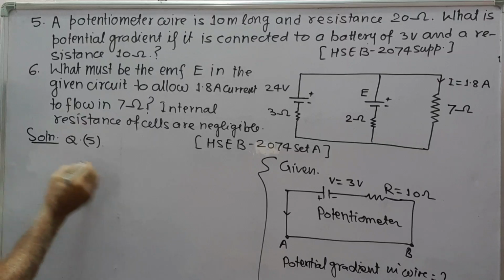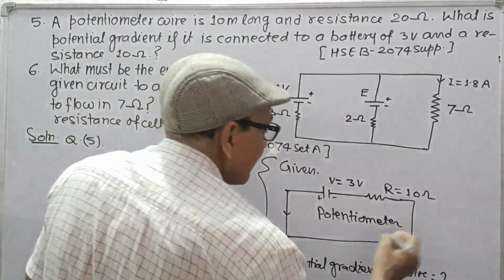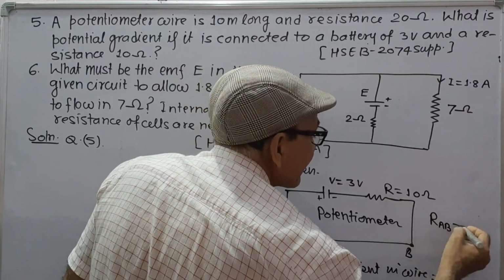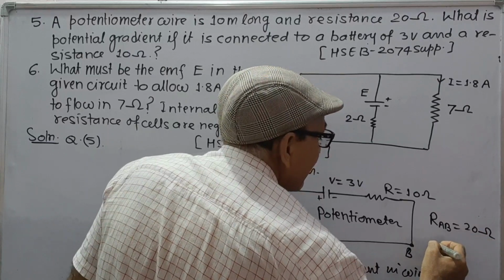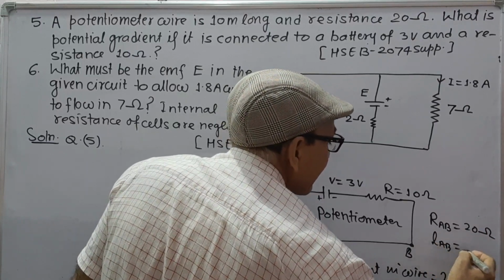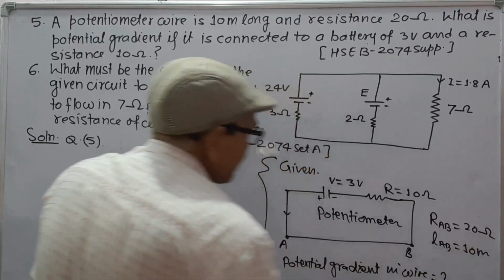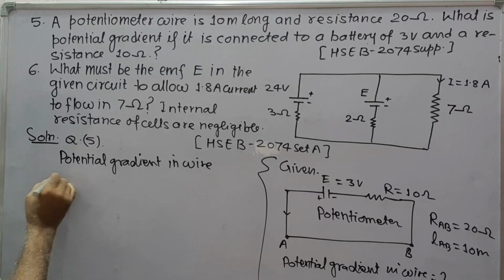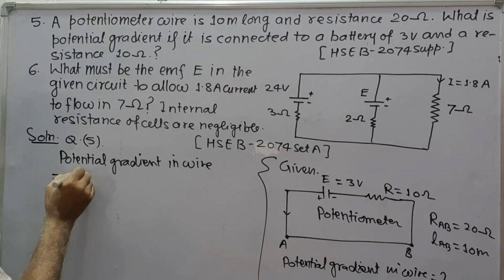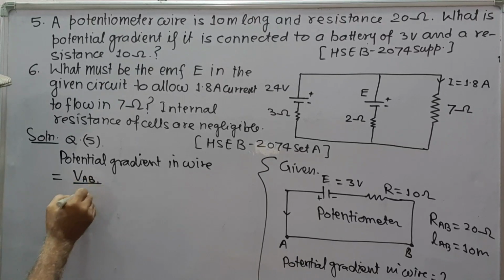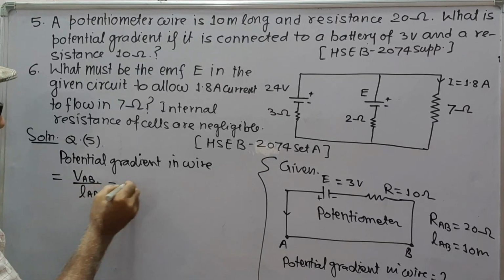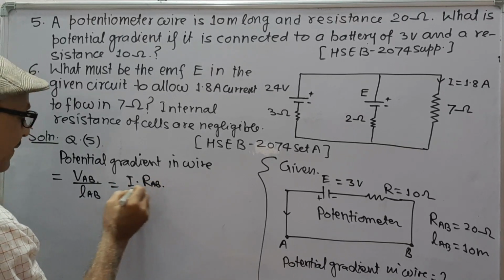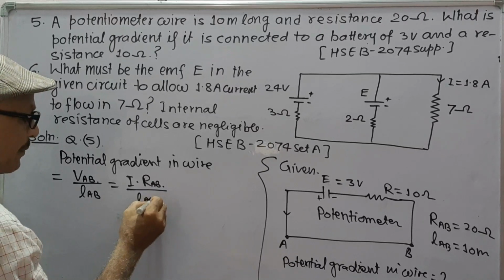Solution. Here RAB is 20 ohm, LAB is 10 meter. Potential gradient in wire will be equal to VAB upon LAB. VAB is I into RAB upon LAB.